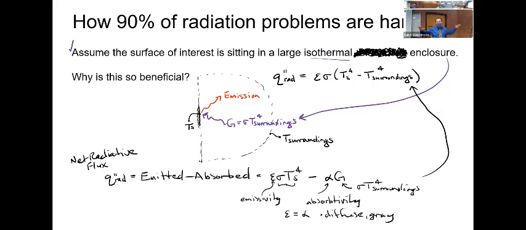We didn't have to say anything about the nature of the walls in order to make this proof. The walls can be black body surfaces, or they could have an emissivity of 0.000001. It doesn't matter. We'll still have black body radiation streaming around inside of the enclosure. That's a really, really powerful statement. Okay, and it allows you to do a lot of work with this equation.